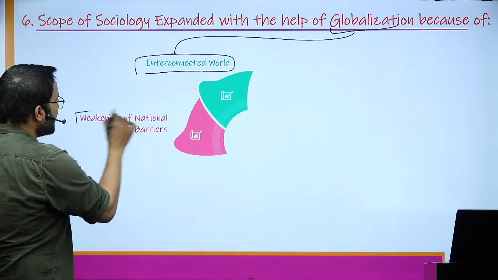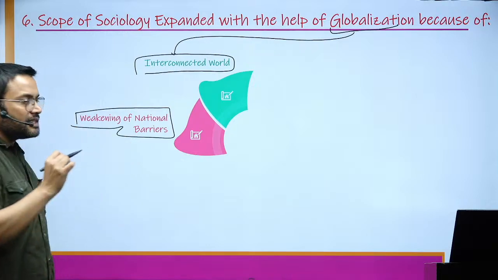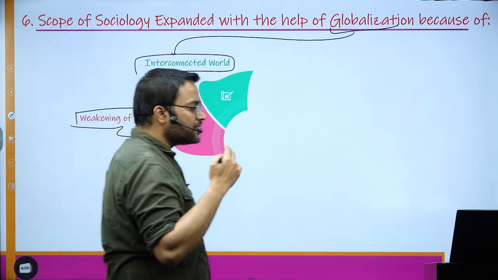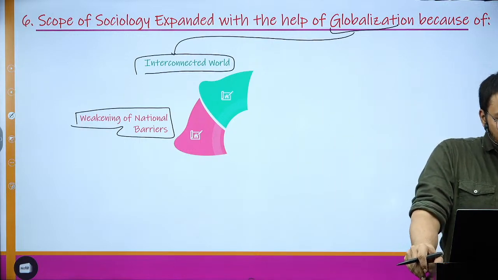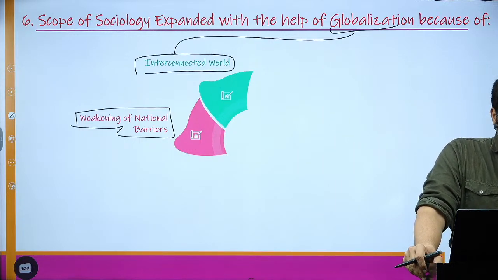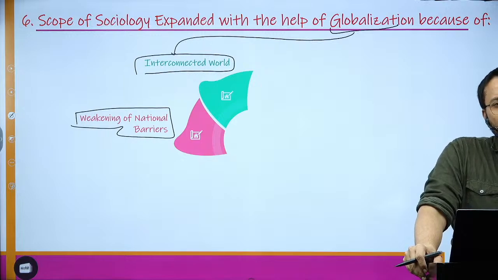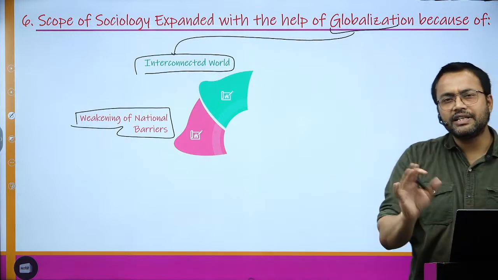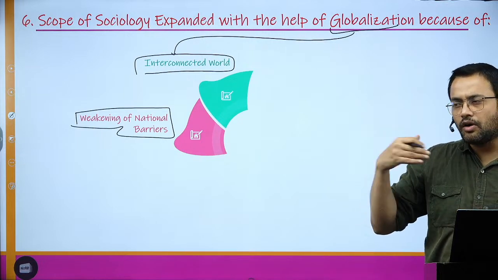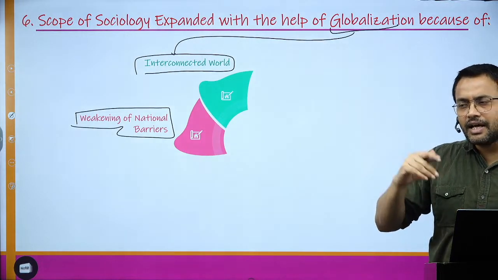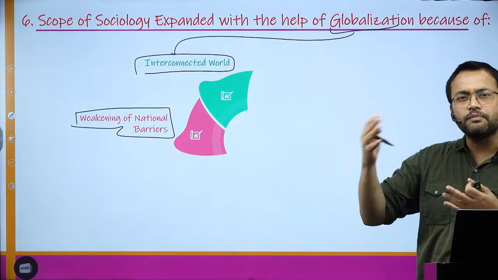Then comes the weakening of national barriers. In the era of globalization, people are moving freely. They are able to move from one country to another, and because of this, two different things are happening. In some societies, people are becoming very apprehensive of foreign people migrating to their land, and some people are simply accepting the foreign people who are coming.